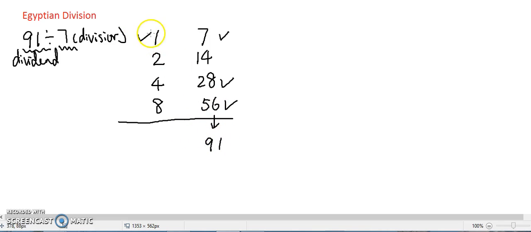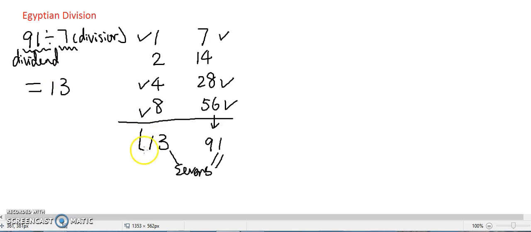And we check the corresponding left numbers. So we can see 1 7 plus 4 7s plus 8 7s will add up to 91. We add them to get 13. So that means 13 7s equals 91, and that means 91 divided by 7 equals 13. So this will be our answer.